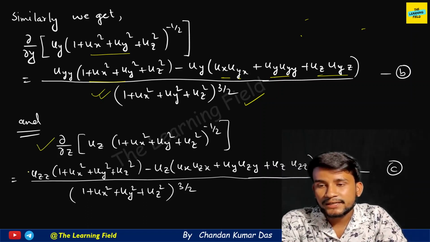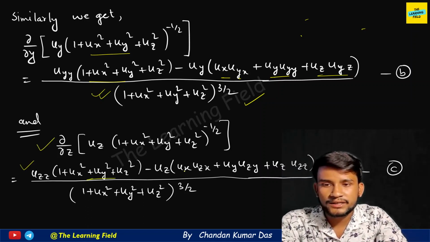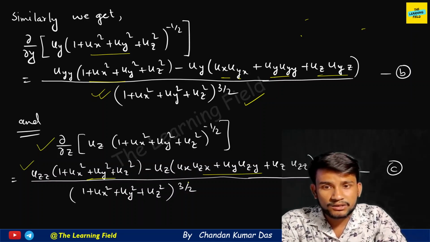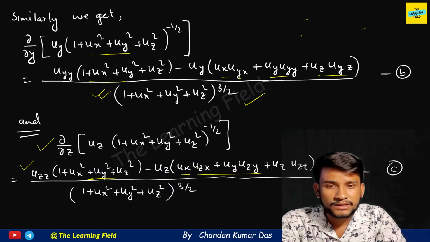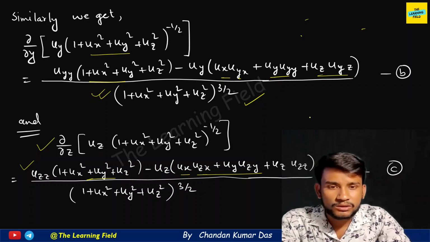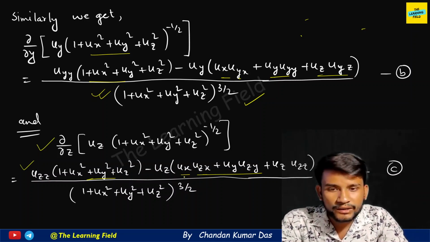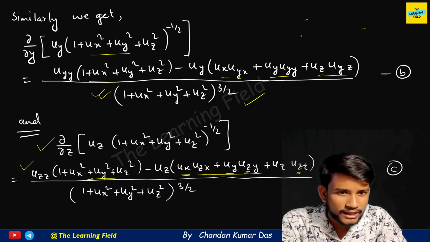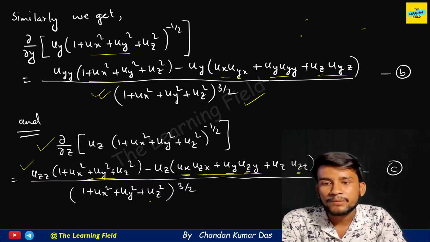See, then del z of uzz into this term fixed minus uz into this term fixed. What changes here is ux into uzx, meaning the derivative is with respect to z. We had ux, uy, uz, so here ux into uzx, uy into uzy; with respect to z there is one extra derivative here, and uz into uzz by this term.